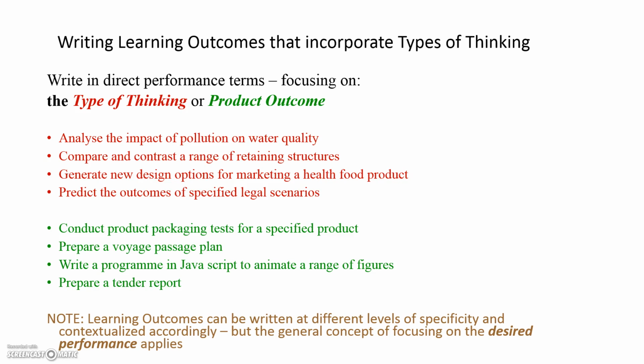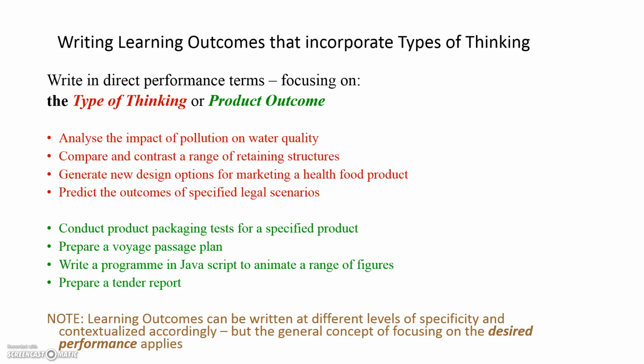So let's summarise this. Having gone through this process of refocusing the curriculum in terms of real-world competence or outcomes, identifying the underpinning types of thinking, we can now start to see that it's perfectly viable to write our learning outcomes in two main ways.